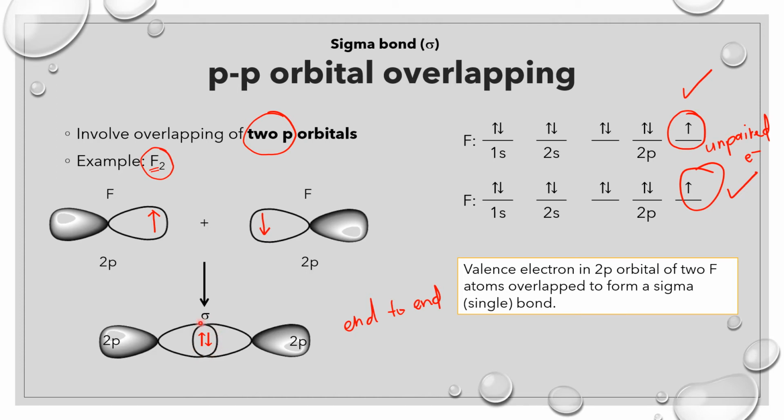The overlapping area contains a pair of electrons, which is 2 electrons. So this is actually the sigma bonding. This sigma bonding is represented by a single dash in the Lewis structure. The formation of this single bond in the Lewis structure can be proven by drawing the orbital overlapping over here.